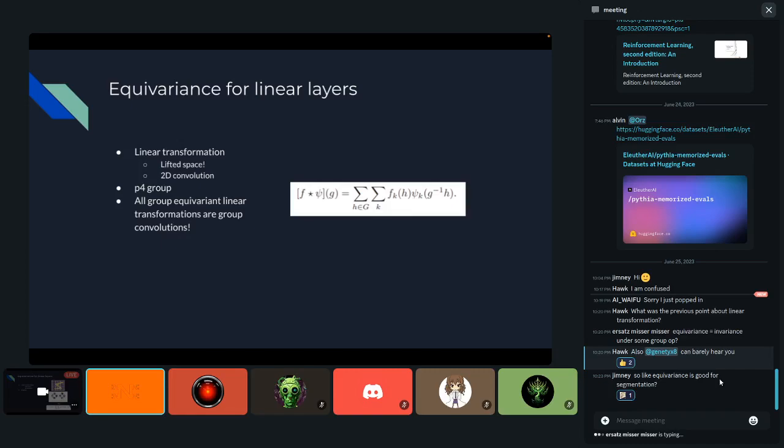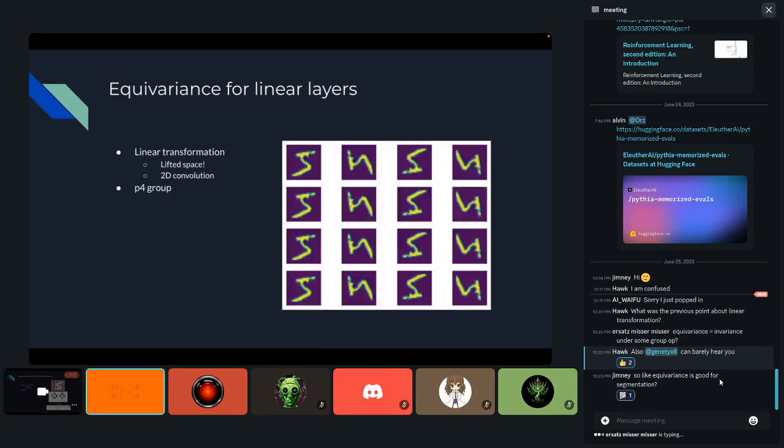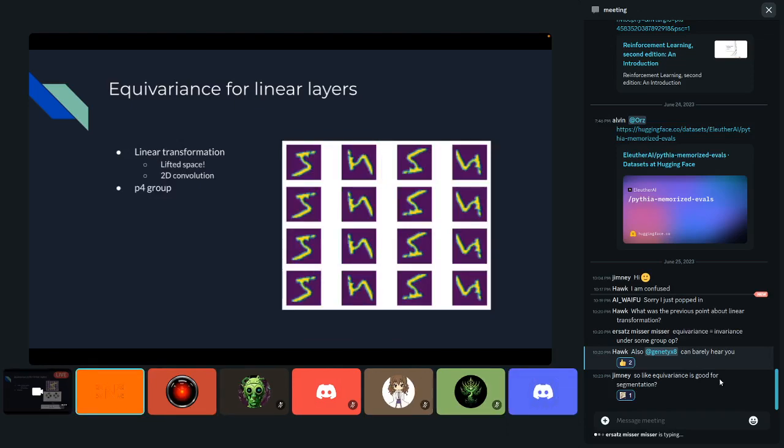So even for, say, translation and 90-degree rotation, the group convolution for that group will be the only set of linear equivariant transformations. So if you want to make a convolutional network on this group, you'll have to use group equivariant convolutions.